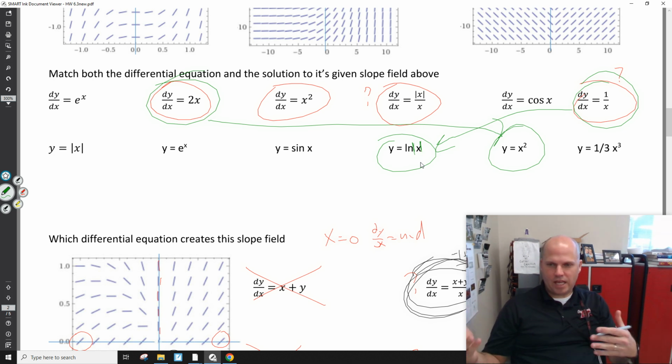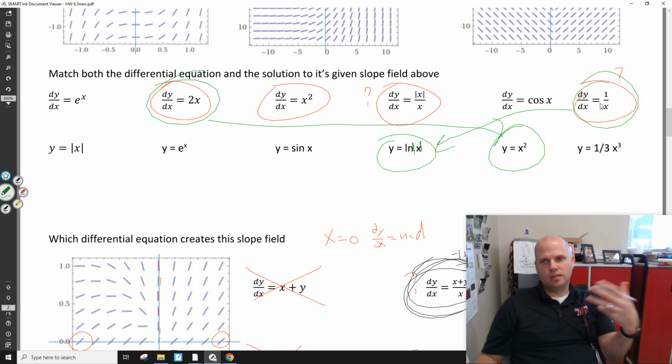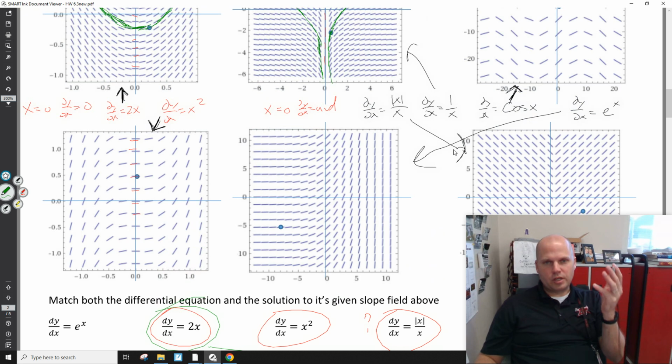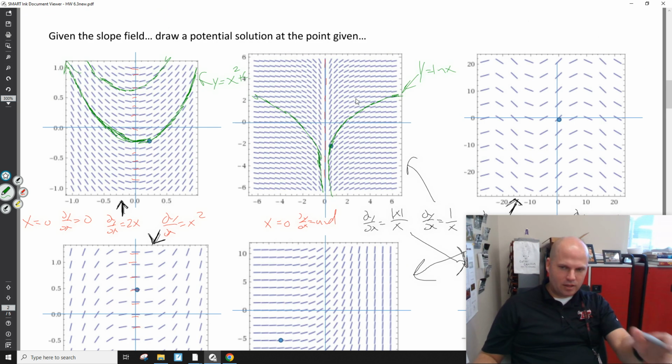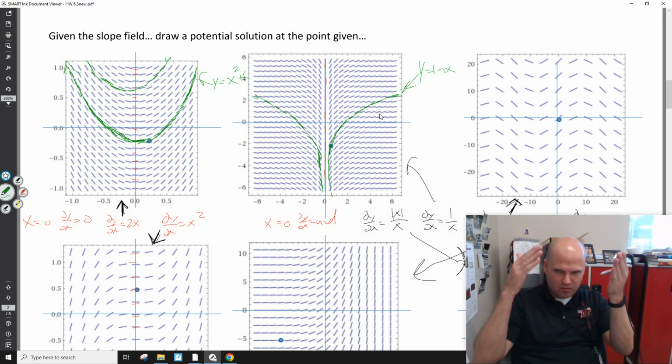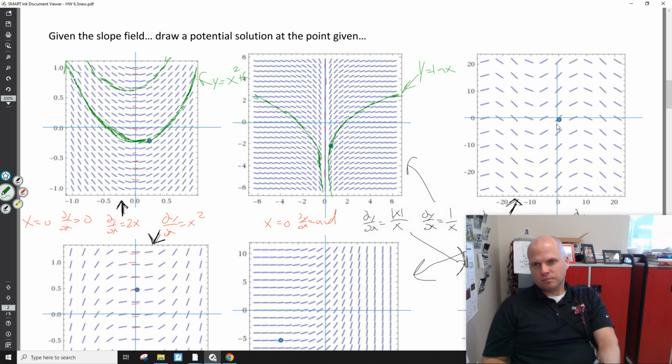So that works out, that makes sense. The antiderivative of 1 over x is log absolute x. Boom, you can get to that point without taking an antiderivative by seeing it. Here would be the shape of the solution.